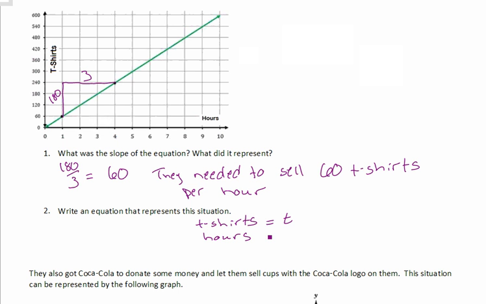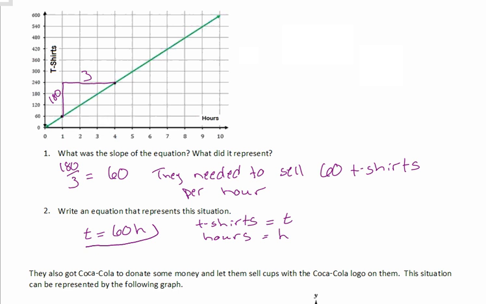So we have T and we have H. Looking at how we're going to write this, the t-shirts equal 60 per hour. Okay, so looking at this sentence, all I did was I translated it. Again, we needed how many t-shirts? We sold 60 per hour.